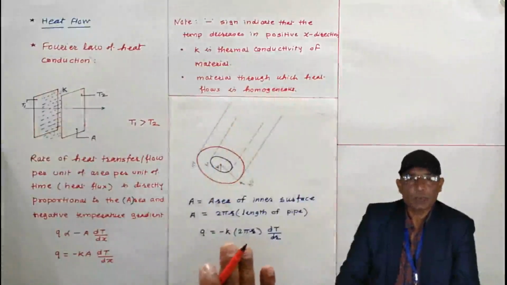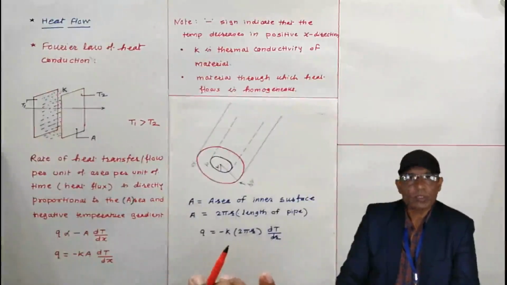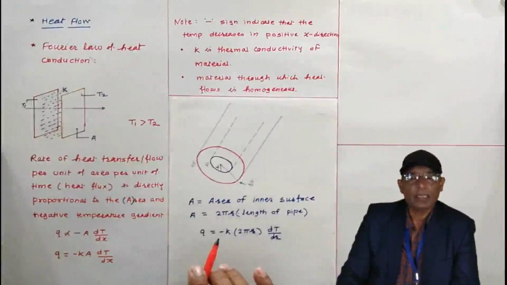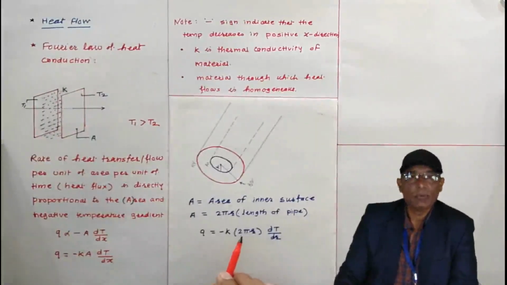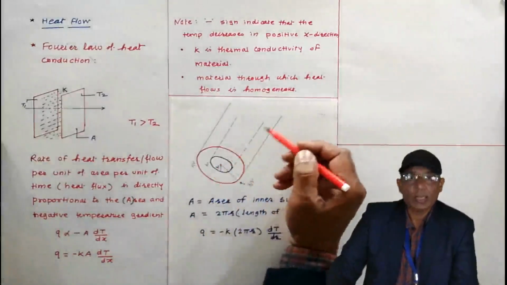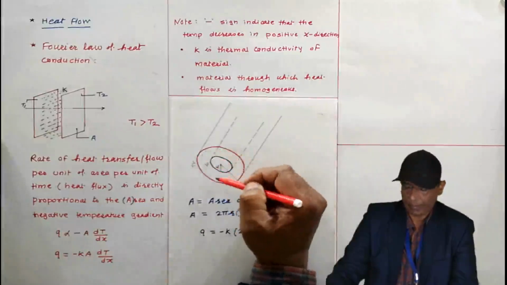In particular, as per the syllabus, there are 2 types of problem: heat flow through a cylindrical pipe and heat flow through a spherical body. Here we are going to discuss the heat flow through the cylindrical pipe. This is the inner surface of the pipe, this is the outer surface of the pipe.